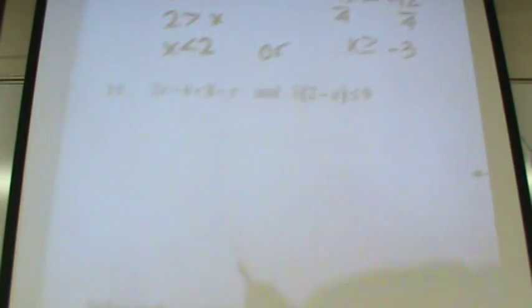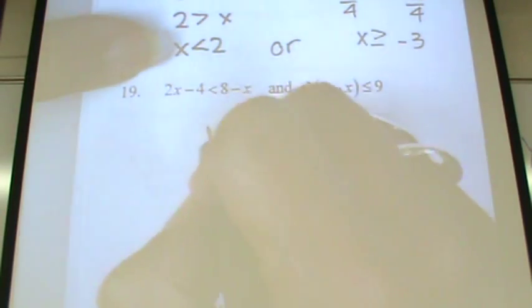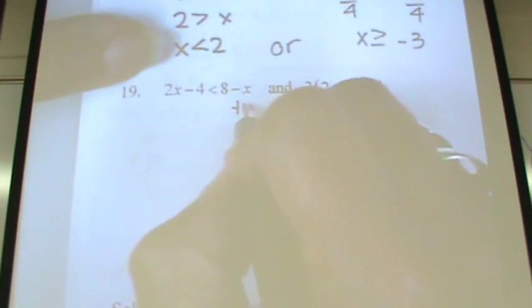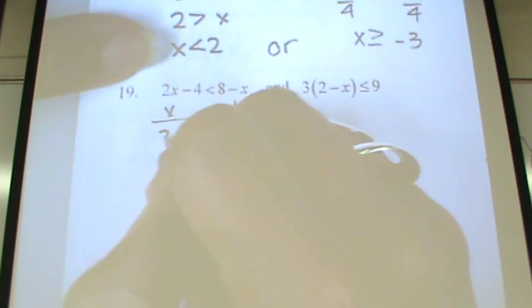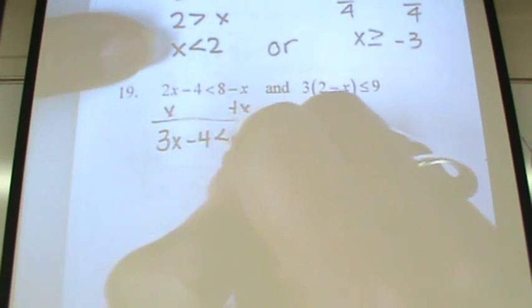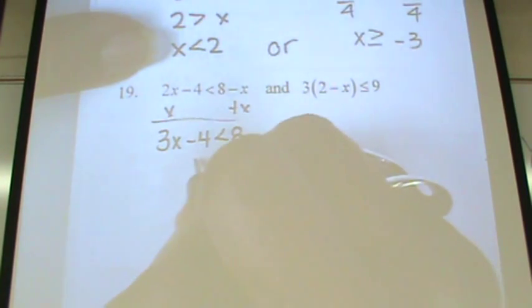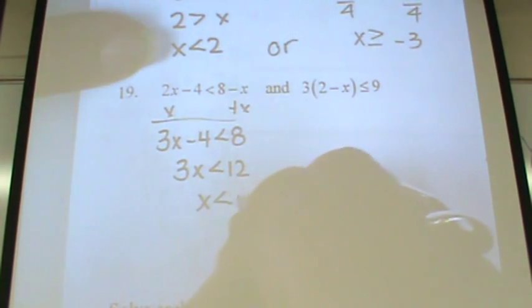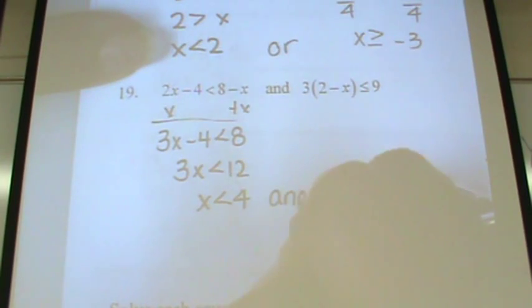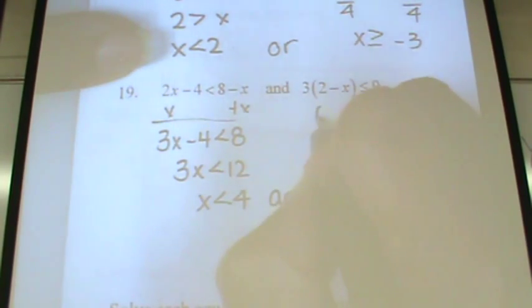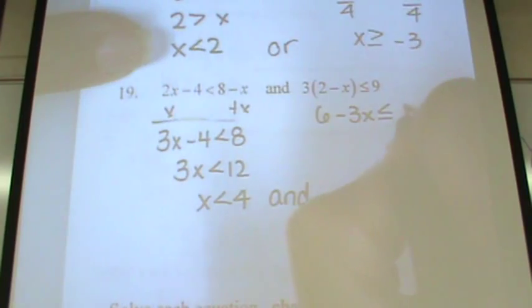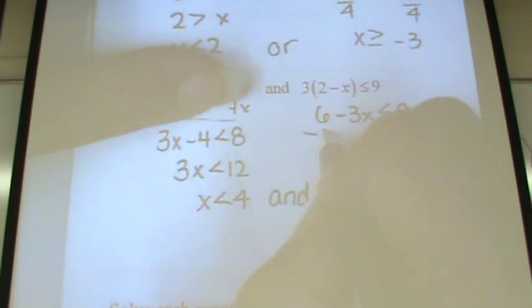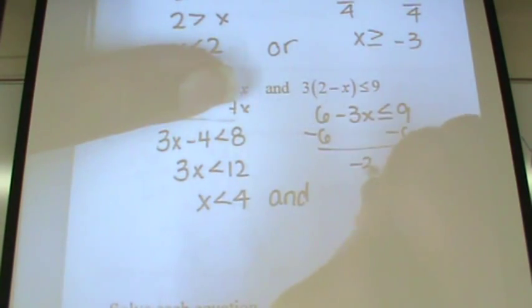Number 19. This one has variables on both sides, so let's add an x. You get 3x minus 4 is less than 8. Add 4. 3x is less than 12. Divide by 3, x is less than 4. And 3 times 2 is 6, minus 3x is less than or equal to 9. We're going to subtract 6. Negative 3x is less than or equal to 3.